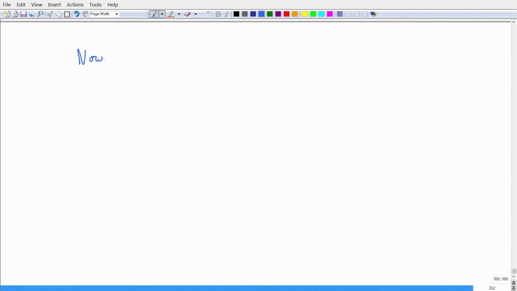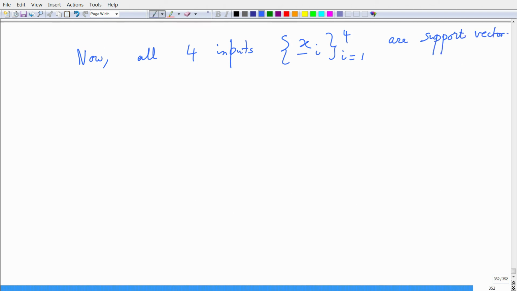Now, all 4 inputs xi's from 1 to 4 are support vectors, and you can verify this. And q of alpha, when I plug in this, I get 1/4, and in the second part in the cost is 0. So, half of norm of W naught square happens to be 1/4.